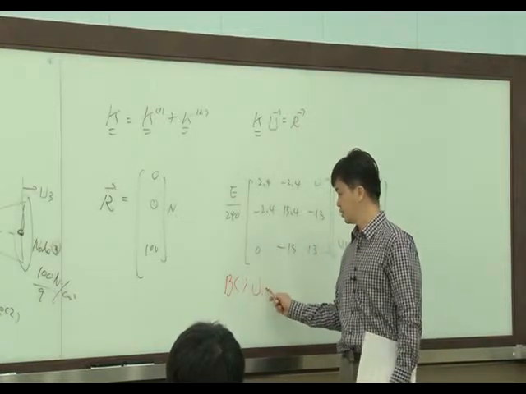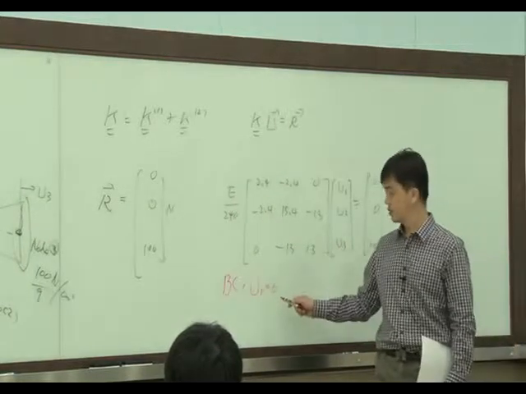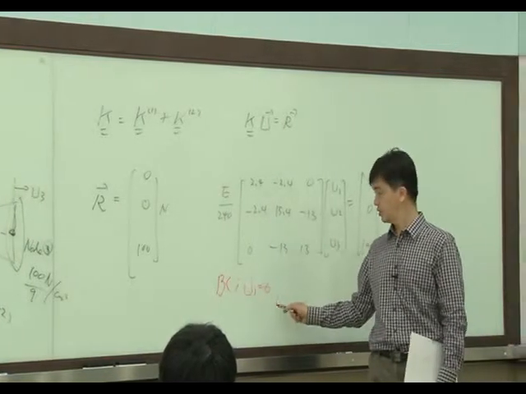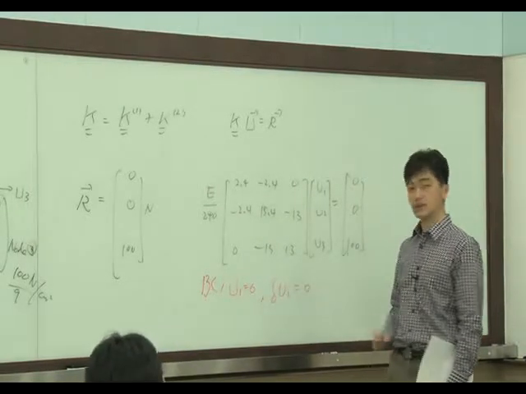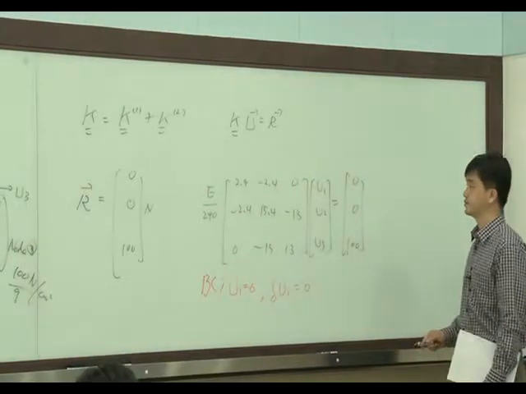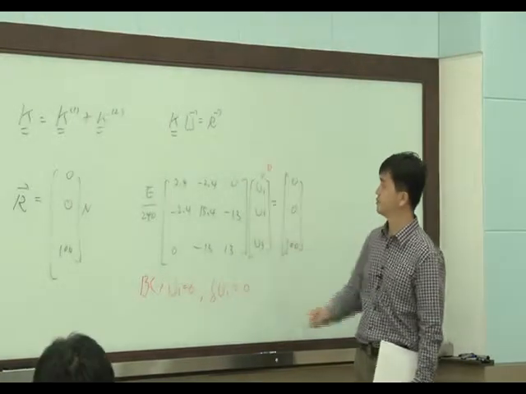U1 equal 0, right? Okay, so because U1 equal 0, virtual displacement U1 equals 0, right? So here U1 equals 0.